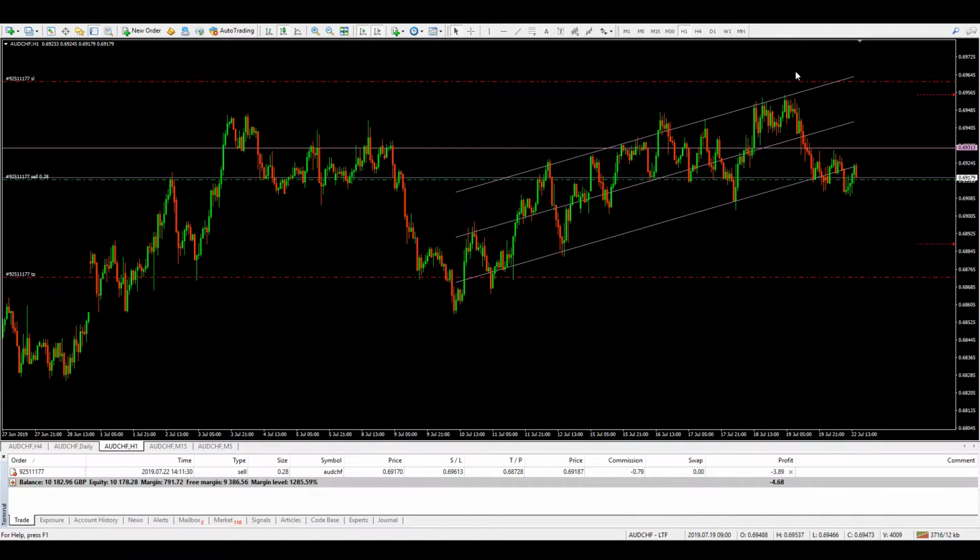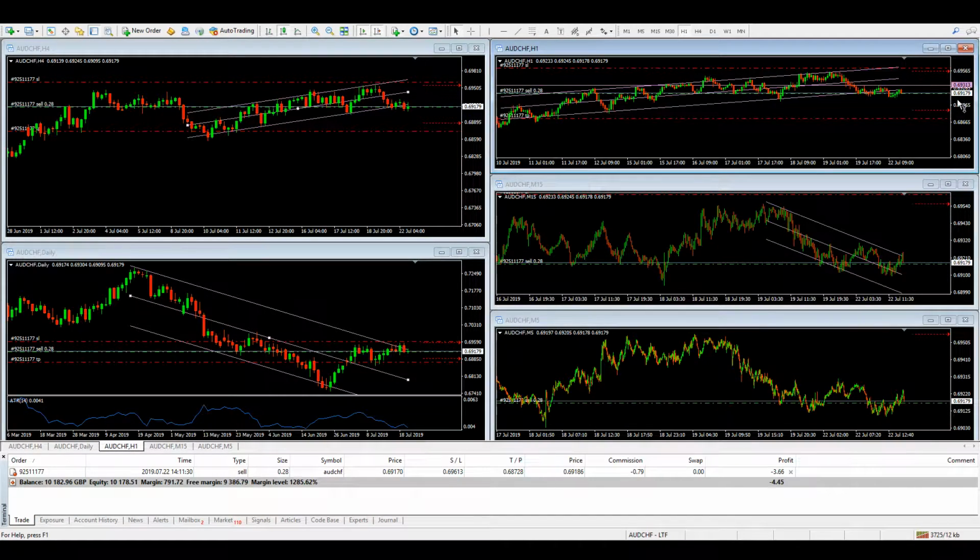So that's why my stop loss is up here rather than above here. Of course, it needs a bit more patience to come to fruition, but it's just a more risk averse way of trading, and a better way to protect the capital.